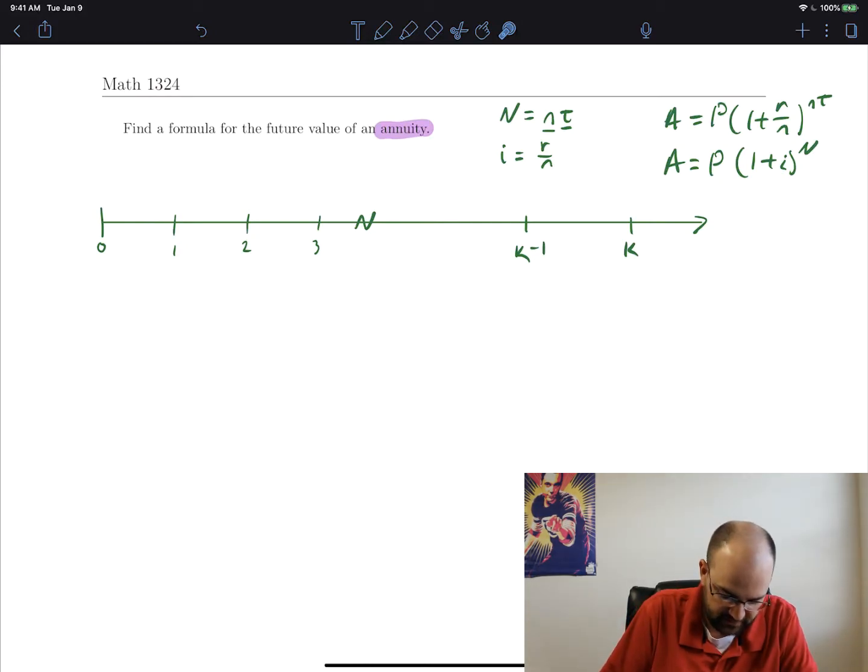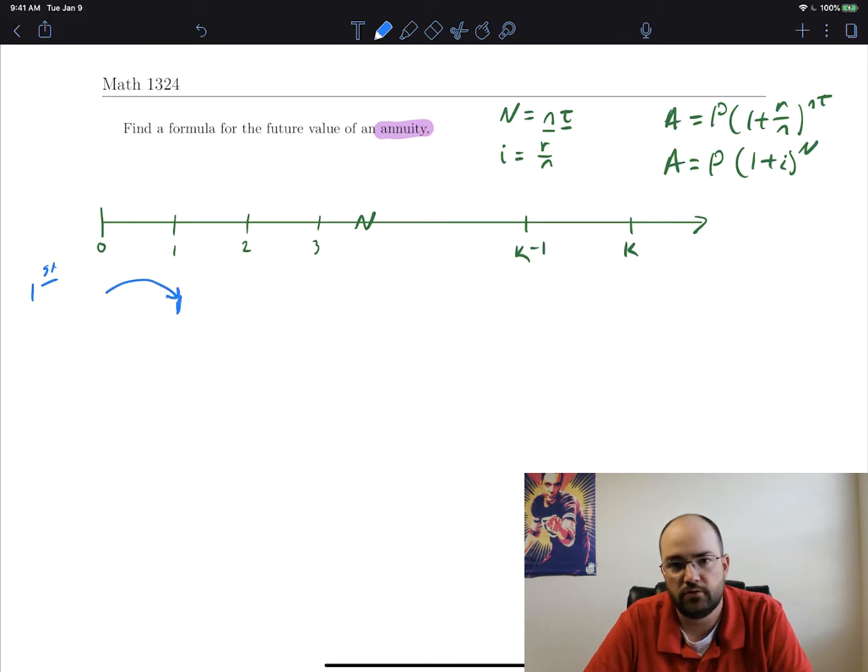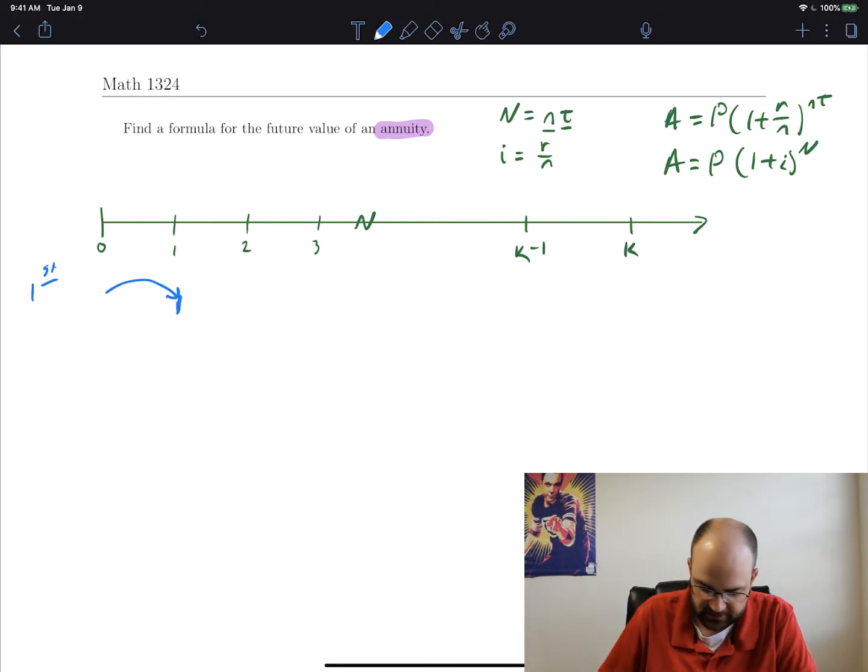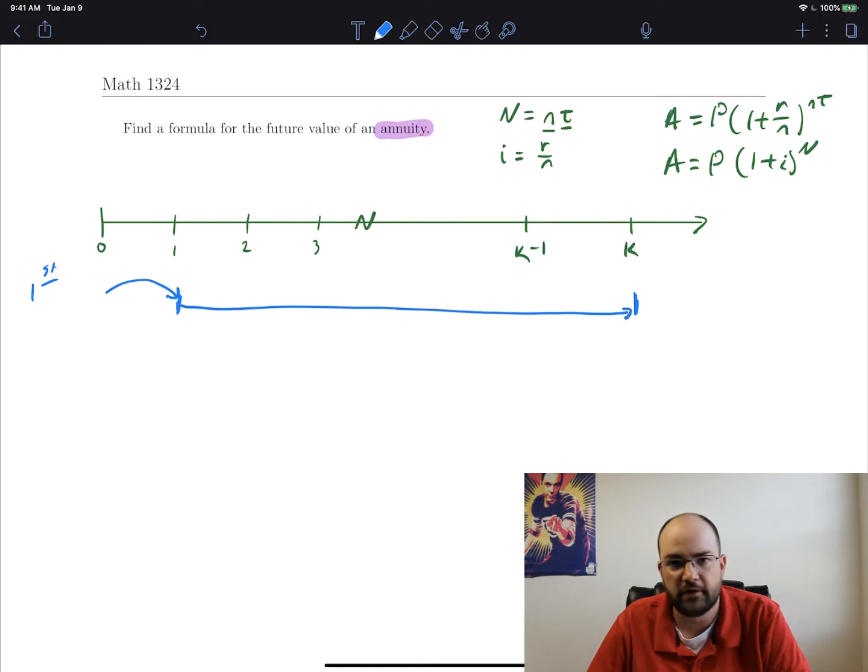Okay, so let's look at this. For the first payment, you're going to make a payment at the end of the first year. So it's actually going to be right here. So if you make a payment there, I want to know how much is that payment going to be worth at the end of the number of payments. Well, let's think about it. You start here and you go all the way this way, right?